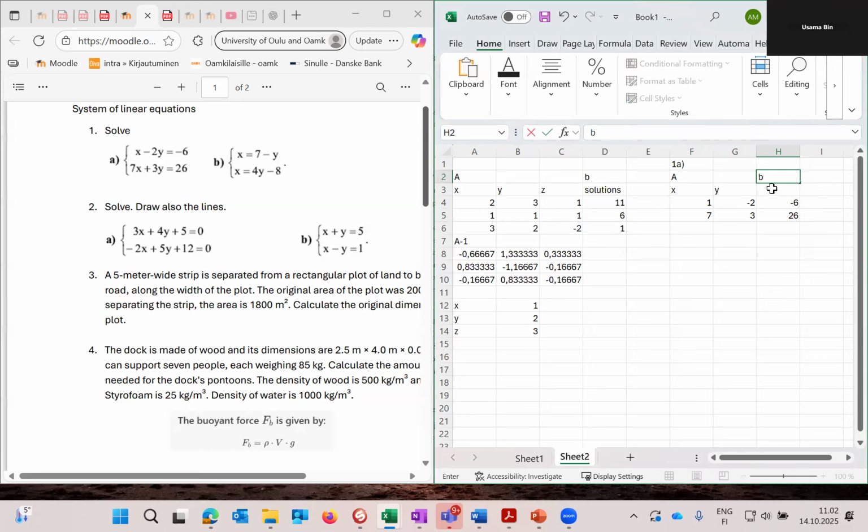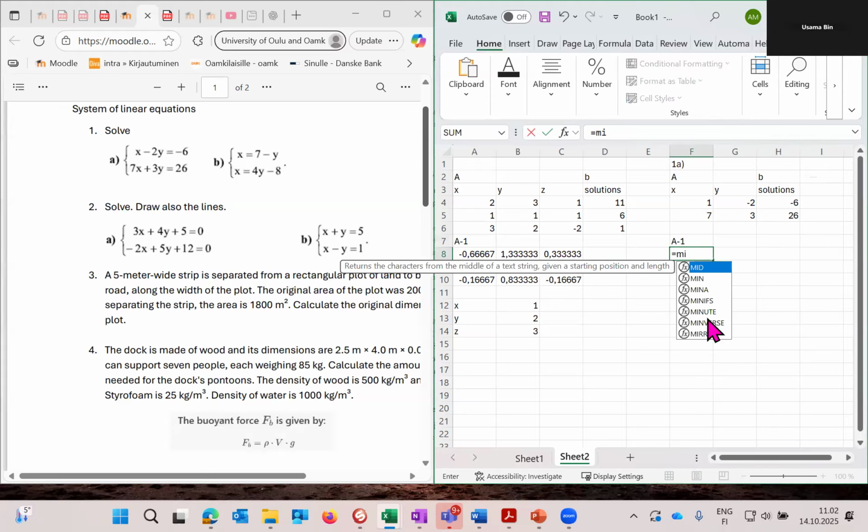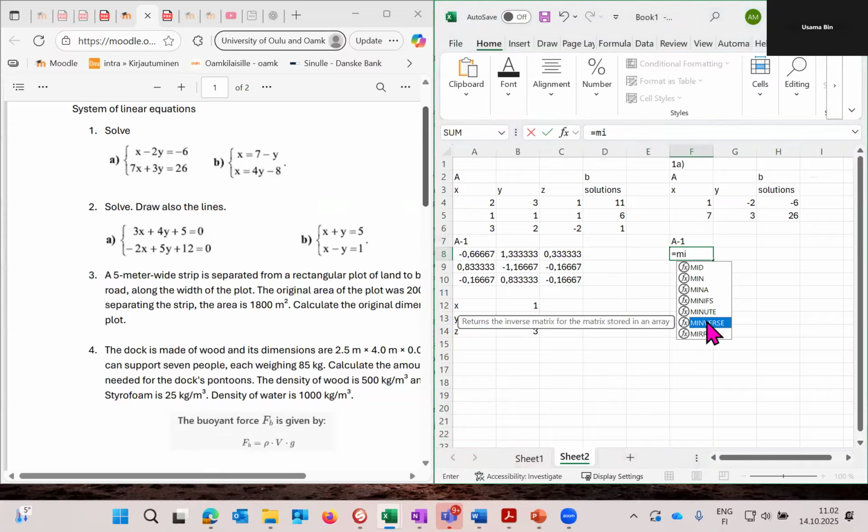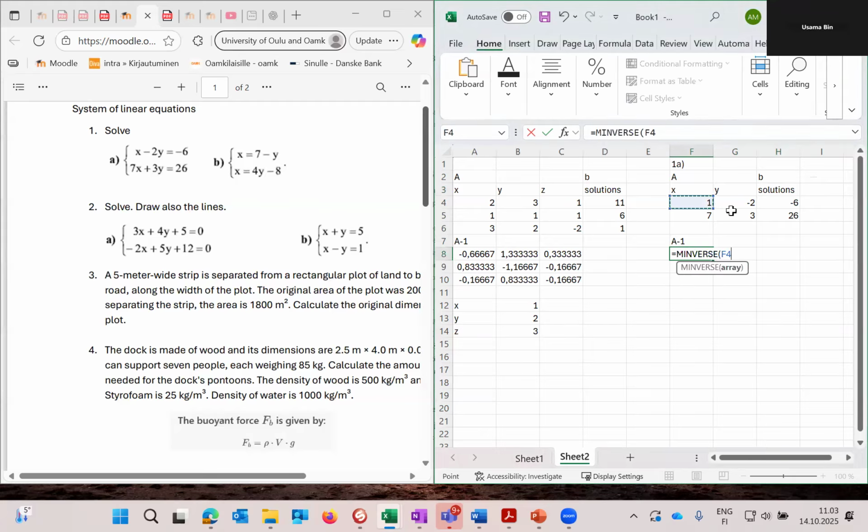B, solutions. Then I want the inverse. A minus 1. Inverse from this. Wow.